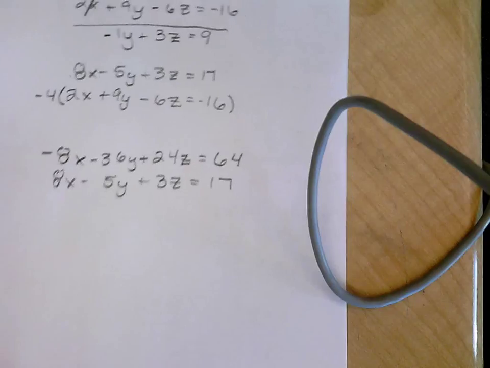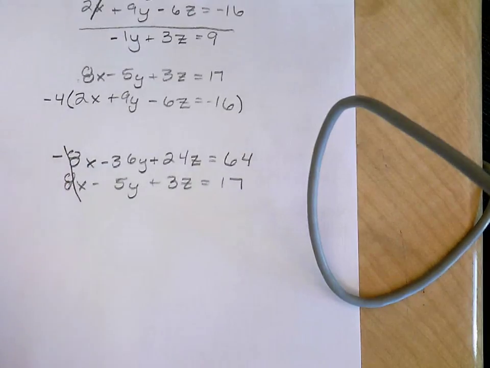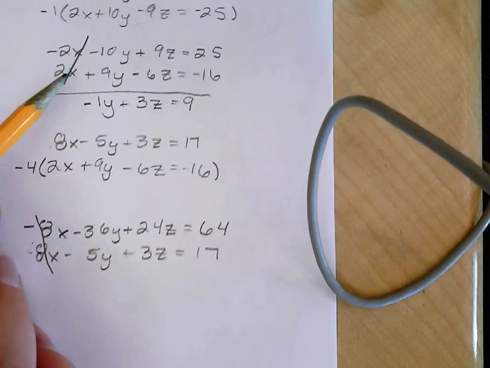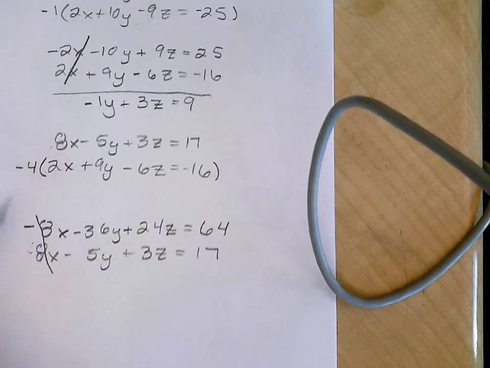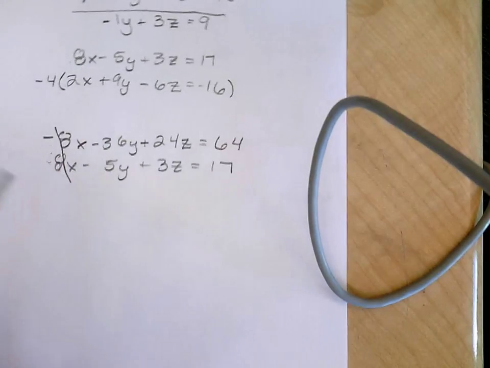Now, just like we did up here, we're going to try to eliminate them down here. Okay, the x's cross out. Now notice how I eliminated the x's. Again, you have to be consistent on what variable you eliminate. Otherwise, it doesn't make sense what you're doing.